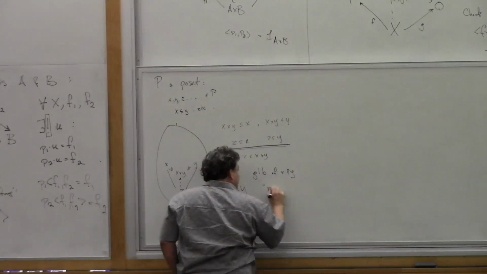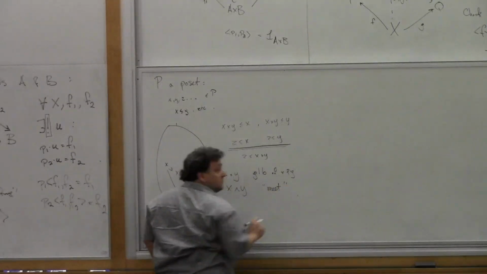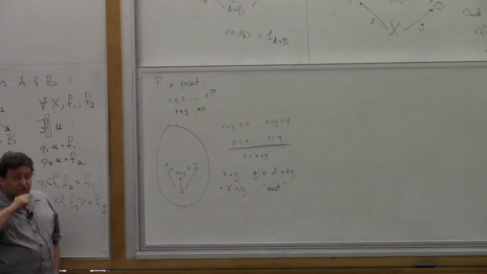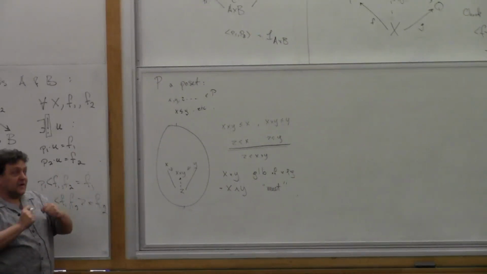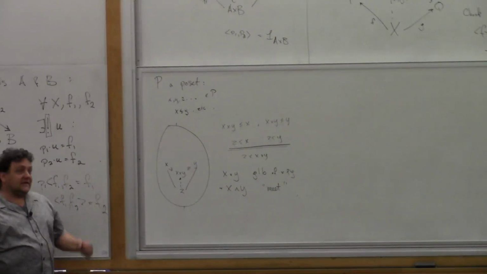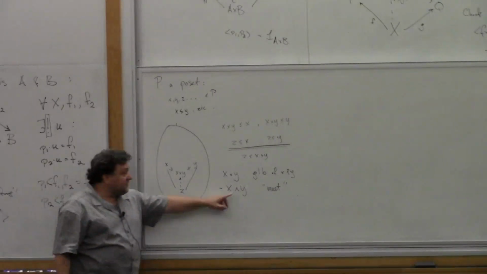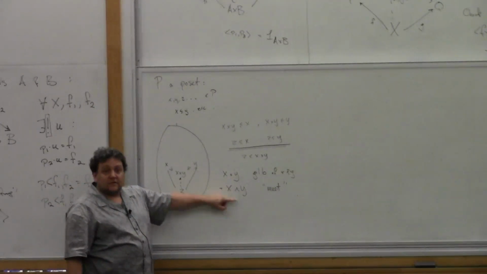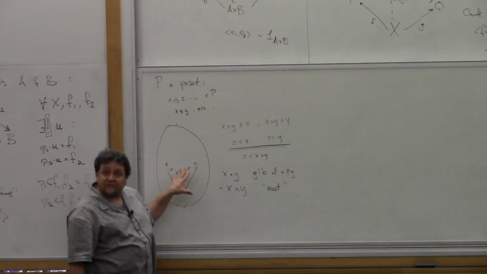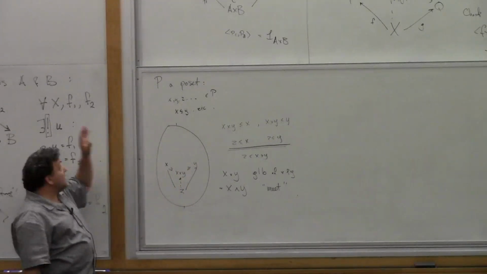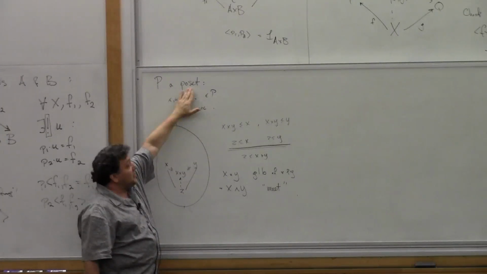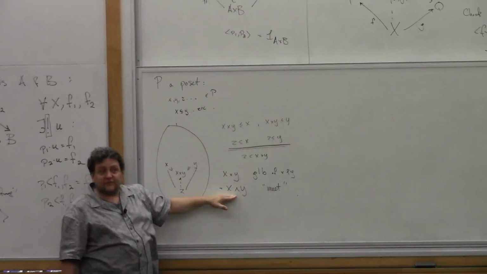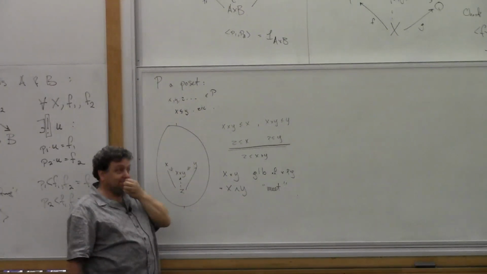Meet, or conjunction. So the conjunction of two formulas, or the meet of two elements in a poset, like in a meet semilattice, is exactly the product in this setting of posets. We take this definition, we specialize it to a category that happens to be a poset, and we recover the usual definition of a meet in a poset. Good?